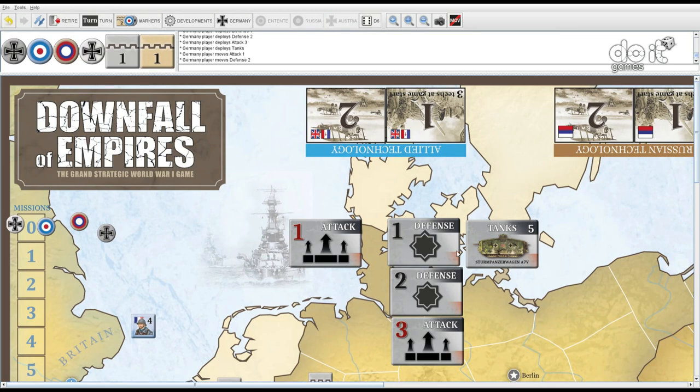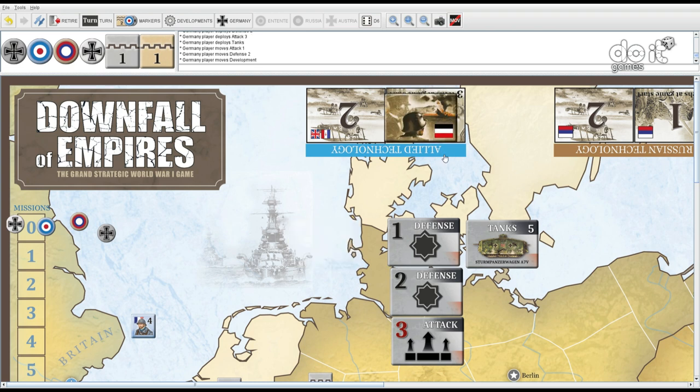Okay, the next action I would like to talk about is research. Research, we use this action to develop technologies. At the beginning of the game, every player secretly selects 3 technologies and puts them here. Those technologies are half developed, and need another step to be finished.